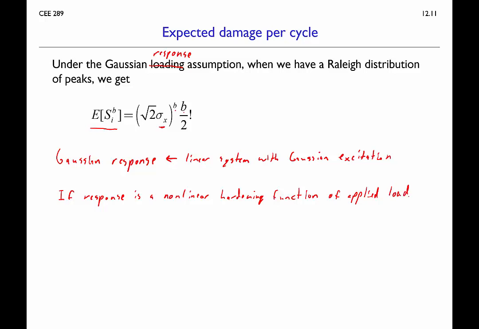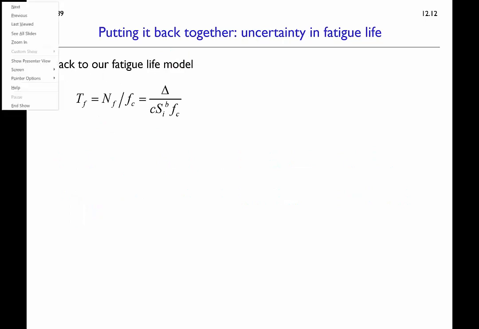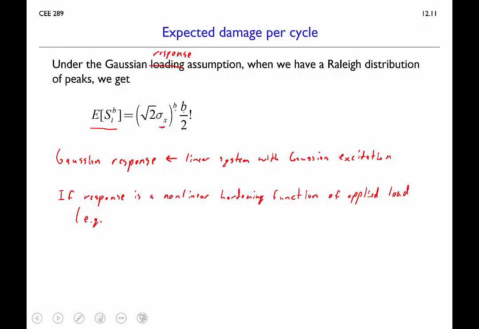So this would be a case where the response is increasing disproportionately to the load. And as an example, we could think about wind loading. So this would be if our response x of t was equal to some constant times the velocity of the wind squared. So if the velocity of the wind was a Gaussian process, then the forces would be a nonlinear function of that wind.